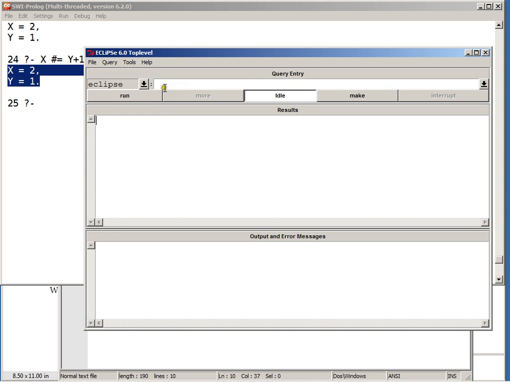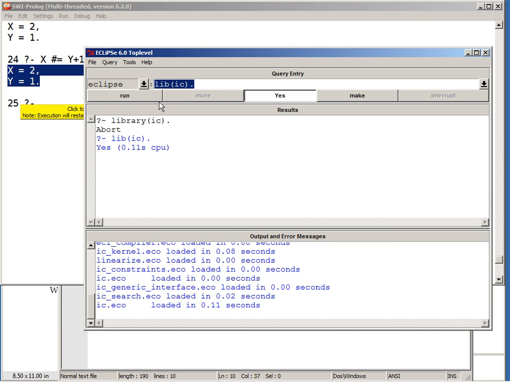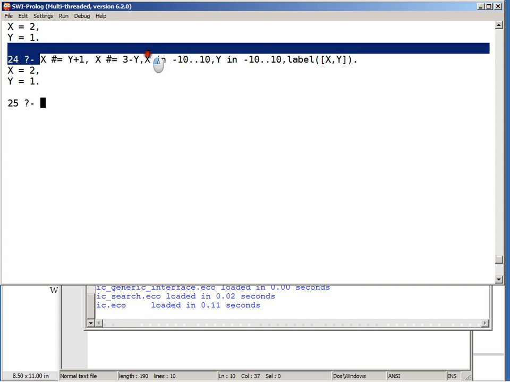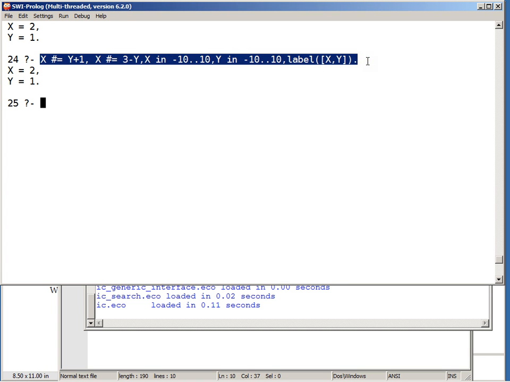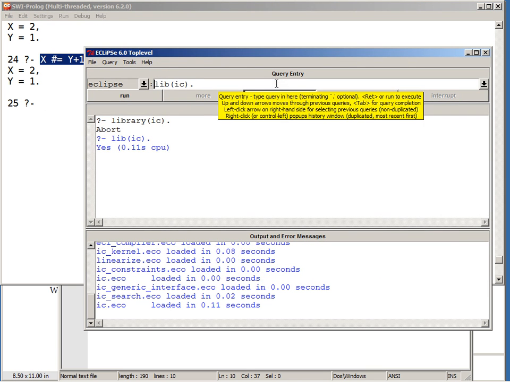So I'm gonna load the library, and of course the library has a different name and different command. So library of IC interval constraints I'm going to use here. Lib IC. All right, and then I'm going to take this and change it to fit the new syntax.